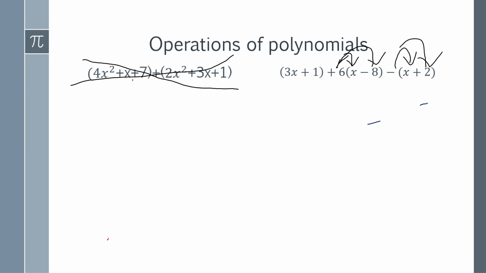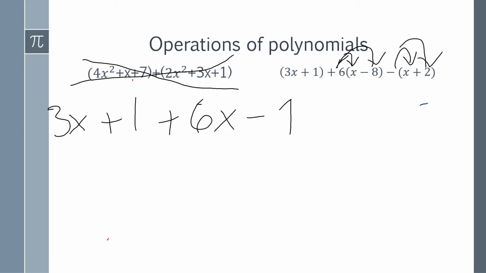Let me rewrite all this to the center. So we've got 3x plus y, and then we've got plus 6x minus 48. And then when we distribute again, we get negative x minus 2. That's what you get. So now we did all of that. Let's combine our terms.